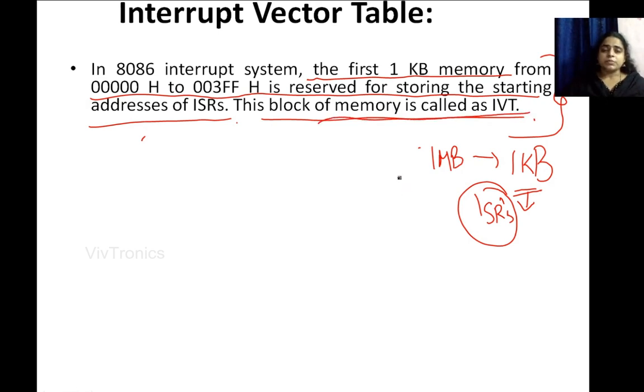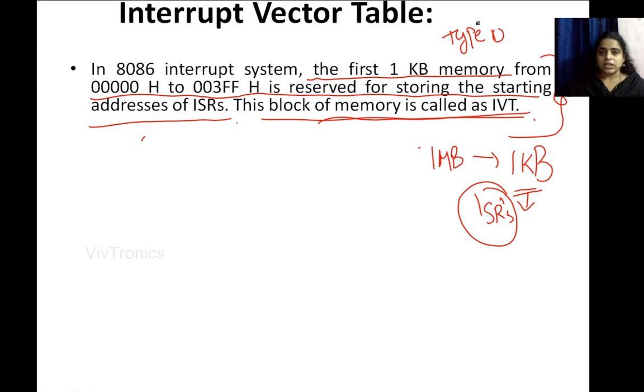Interrupt service routines means we have seen type 0, type 1, type 2, some dedicated interrupts, right? To execute the type 0 interrupt, there exists a special program that is stored in the memory.